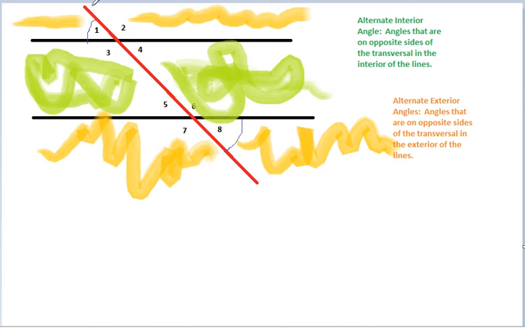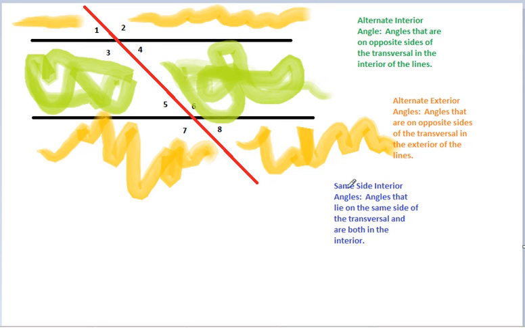One is on one side of the transversal, one is on the other side, and they both lie in this orange section. So that would be one example. Another example would be angle 2 and angle 7. Both of those are examples of alternate exterior angles. They're both on the exterior, the orange section, and they are both on opposite sides of the transversal.